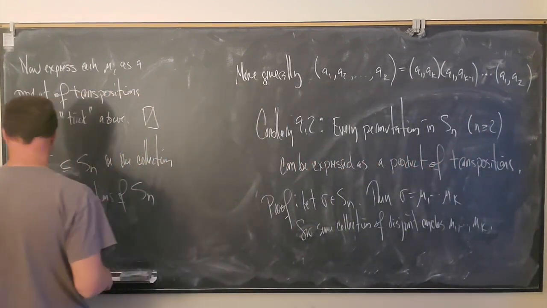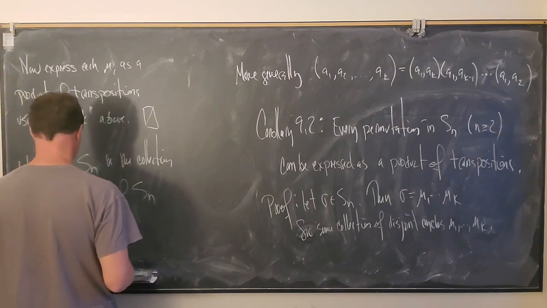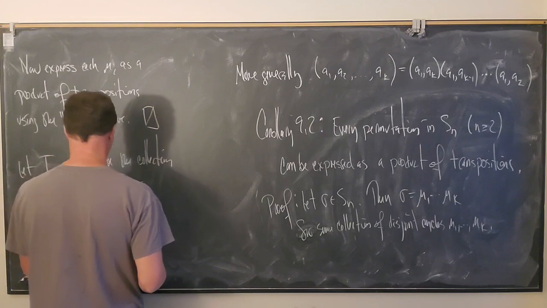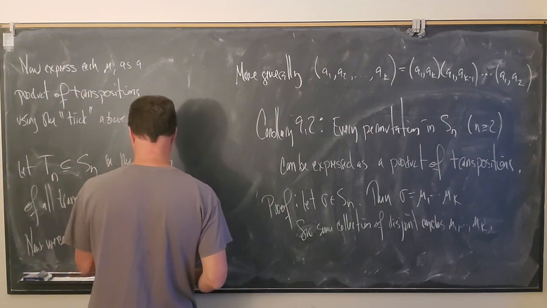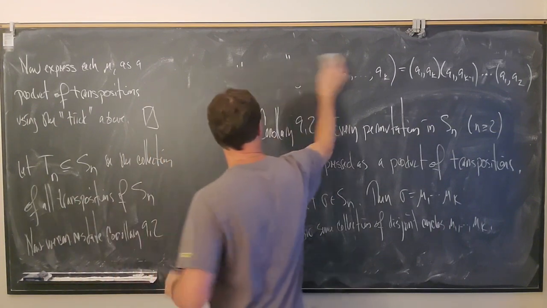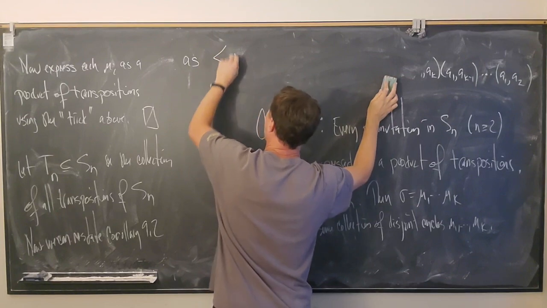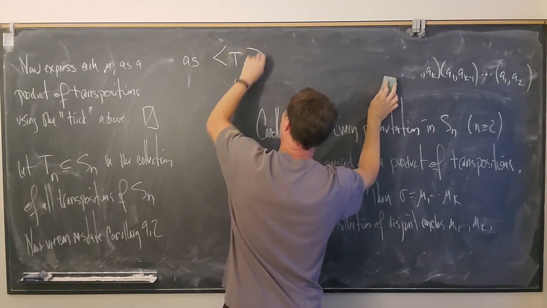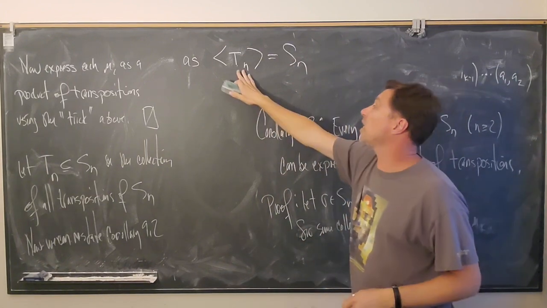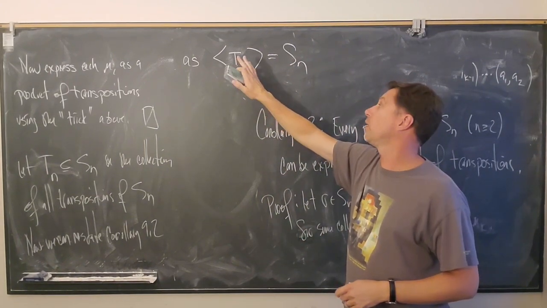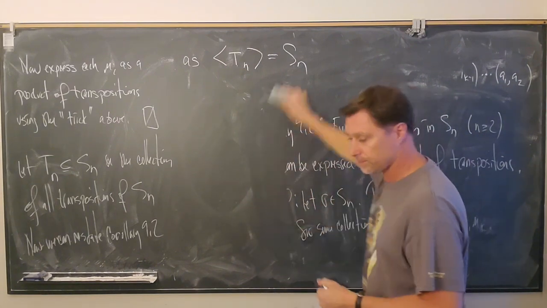So now we can restate corollary 9.2 as: S sub n is equal to the subgroup generated by the set of transpositions. So the set of transpositions generates S sub n.